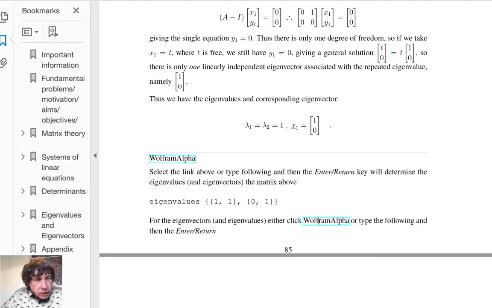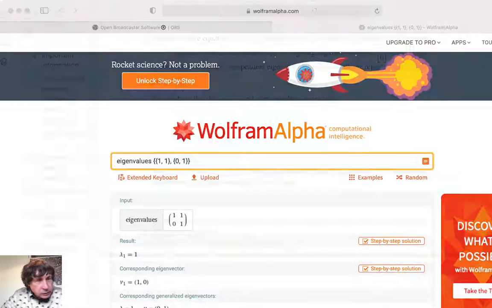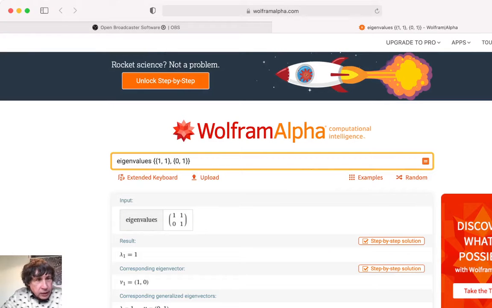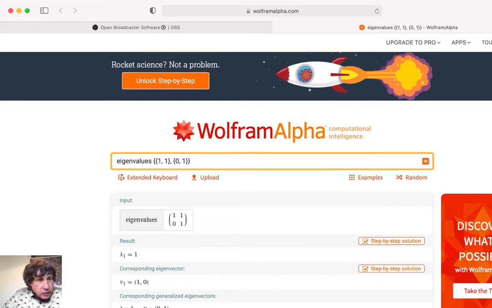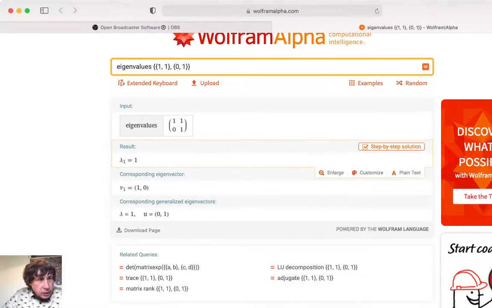Let's click the link and view the page. And this is what we find. We'll see that the eigenvalues are repeated. As shown, they're just 1 and only 1 corresponding eigenvector.